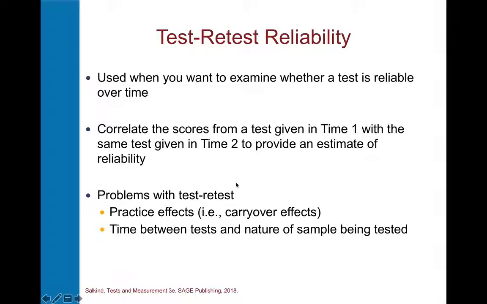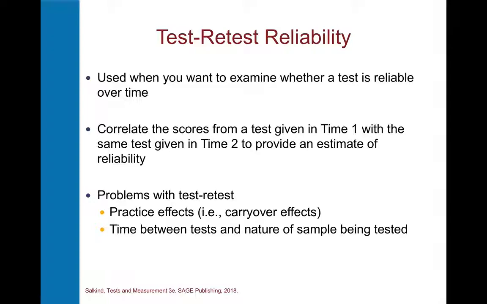You correlate the scores from a test given at time 1 with the same test given at time 2, and that provides you with an estimate of test retest reliability. Test retest is a must when you are examining differences or changes over time.